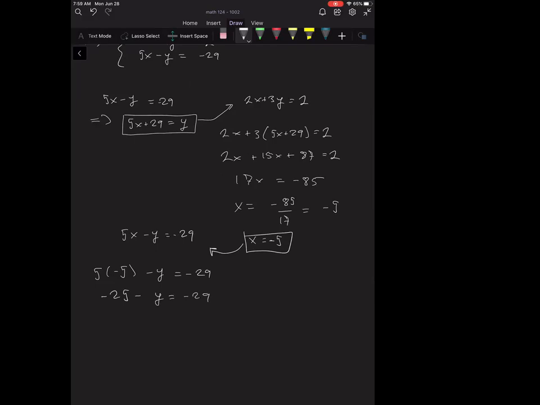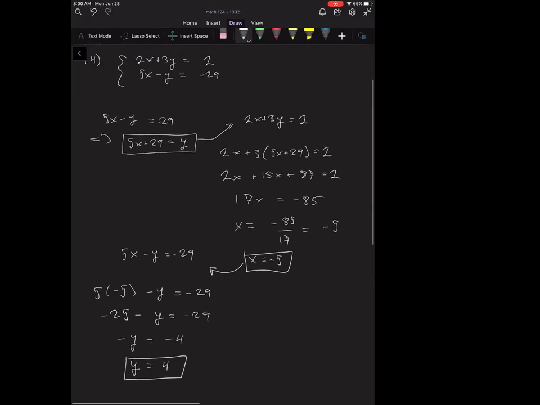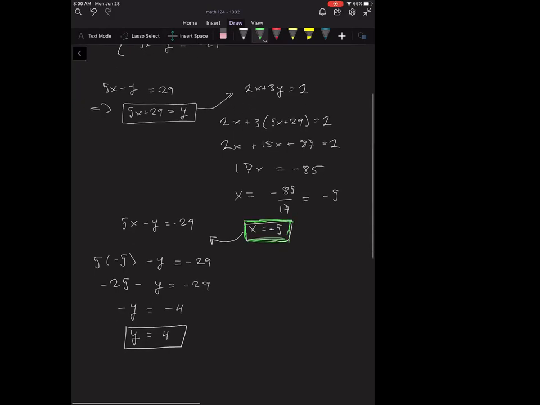Add the 25 over, we get minus y is equal to minus 4. Then we divide by the minus sign, so we get y is equal to 4. So two answers: x is equal to minus 5, and y is equal to positive 4.